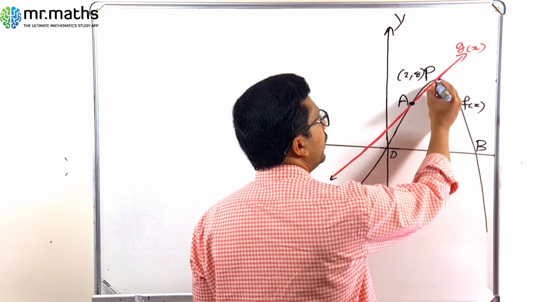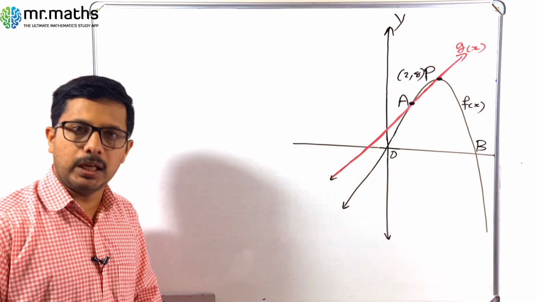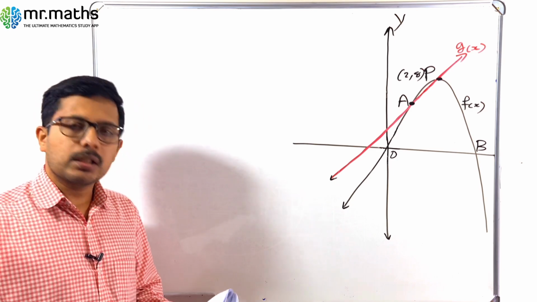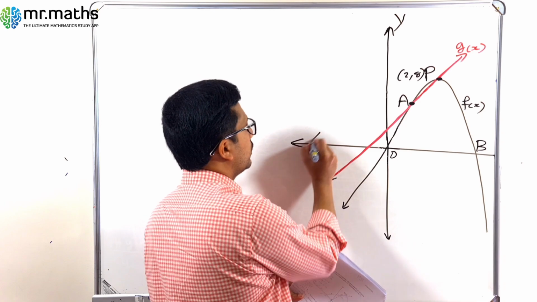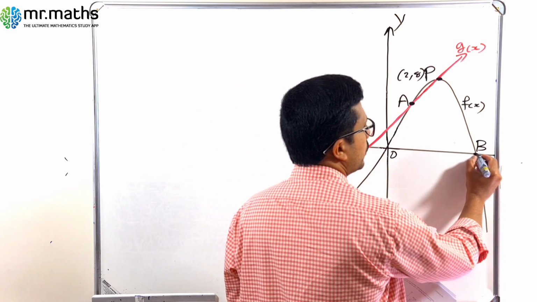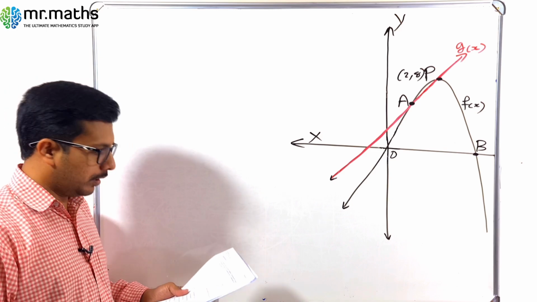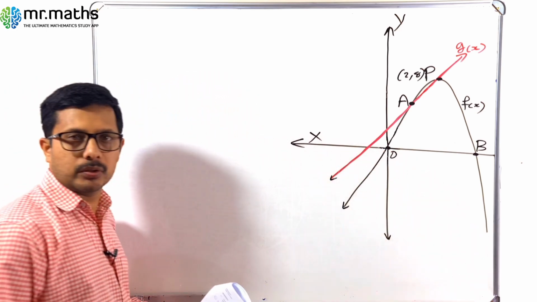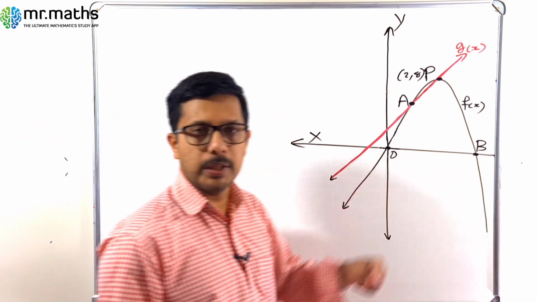One is at A and the other one is at P, and you can see that P is also the turning point of that f of x graph. This is the x-axis. So this point B is an x-intercept, and this origin (0, 0) is another x-intercept. So the x-intercepts are the origin and the point B.